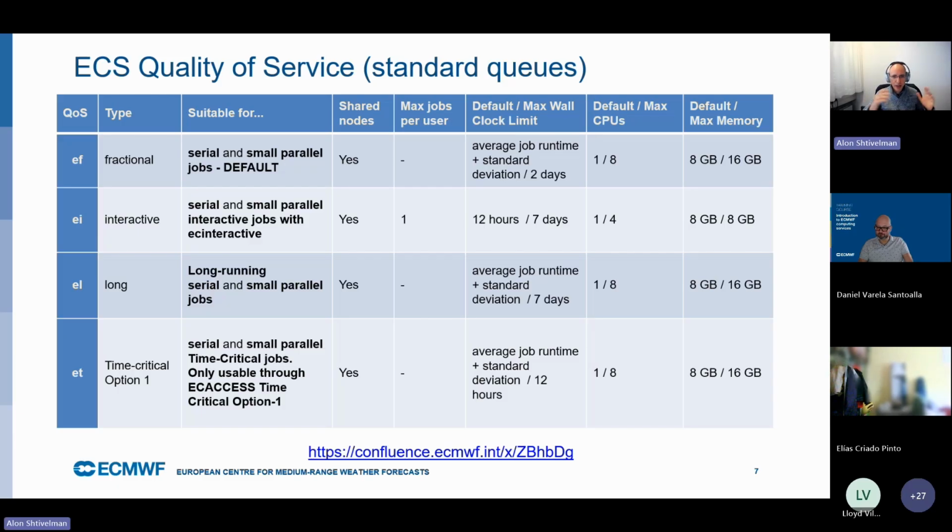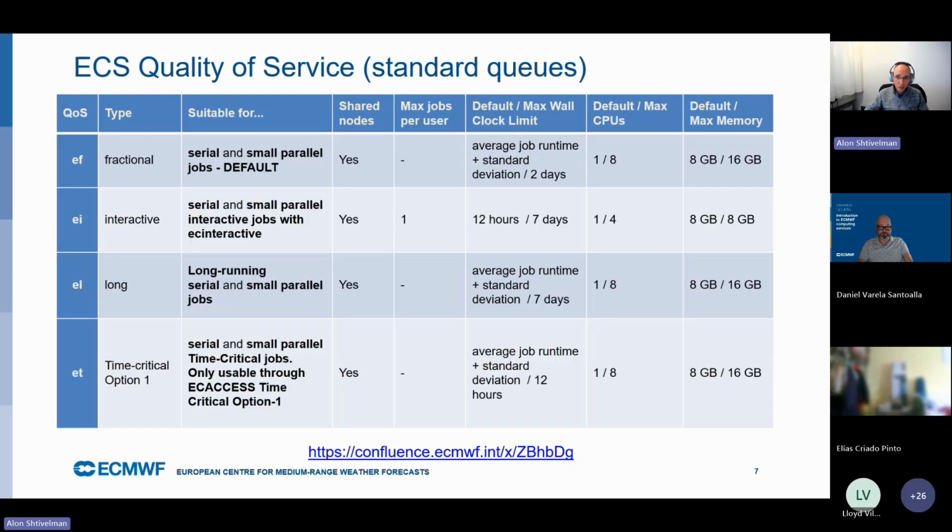It has its own limits of wall time, the maximum time your job can run on that node. It has a number of CPUs which you define. Default is 1, maximum it can be up to 8 CPUs per job. And you also have a limit of how much memory the job can use.